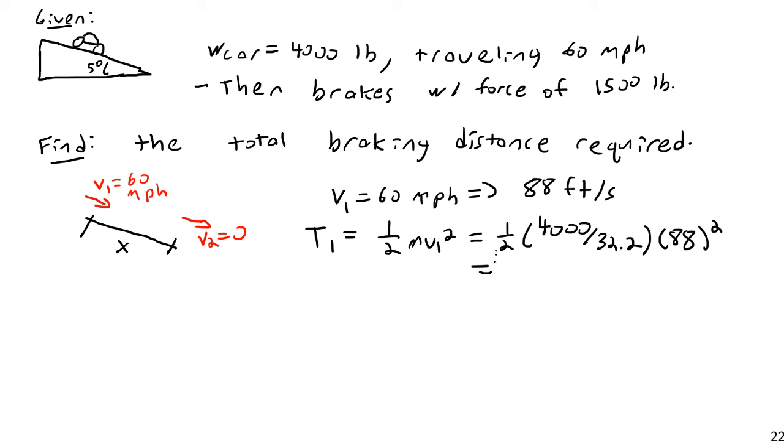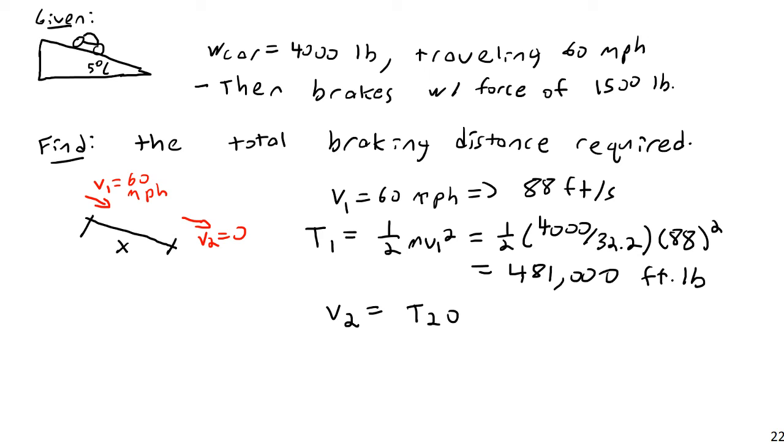And the initial kinetic energy will be 481,000 foot-pounds of energy. And at point 2, the velocity is 0, so the kinetic energy will also be 0.